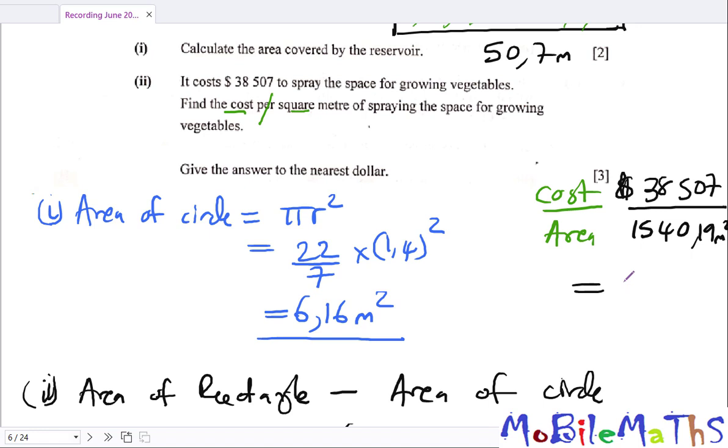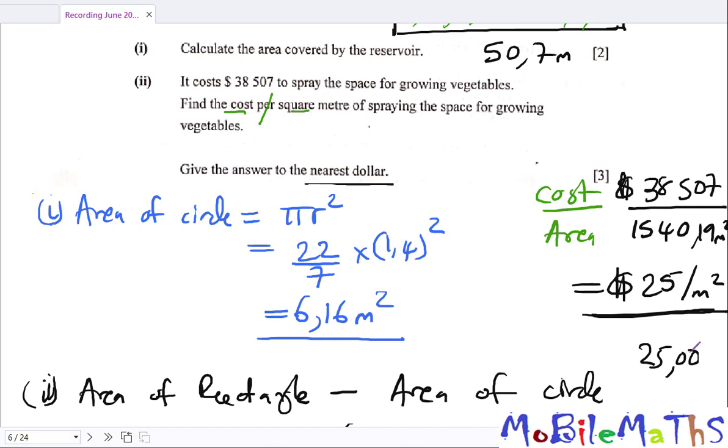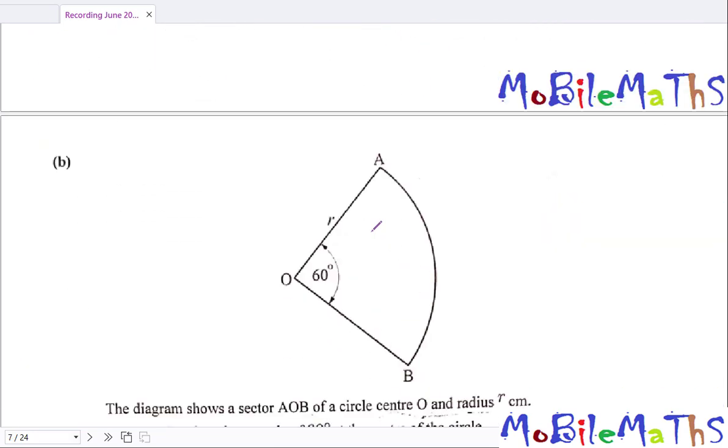I'm getting $25 per meter squared. That's the answer there. Even if we had gotten some 0.00 here, they said to the nearest dollar, and we are getting 25.00 actually, so there is no need for us to be worried about rounding off. So let's move on to the next question.